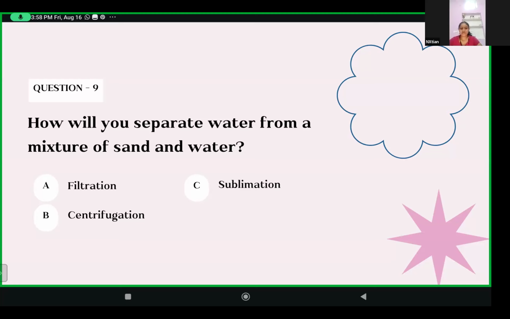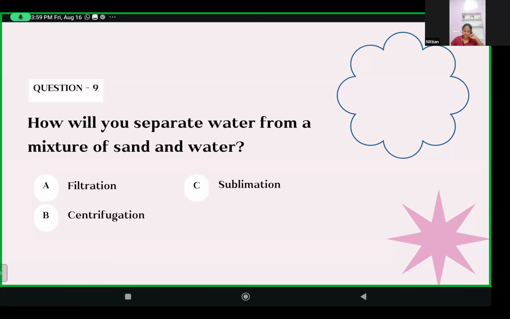Choose. But I don't know what sublimation or centrifugation is. Okay. Do you want to go with filtration? You tell me. No, because filtration is not used for that. Okay, so lock any option that you think is most suitable. Come on, you can lock. Think.